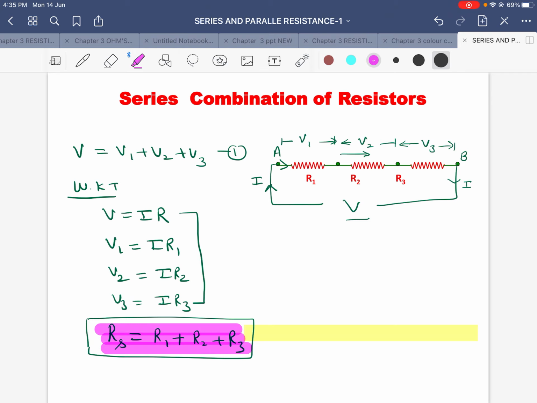One most important point you have to remember here is that current in series combination will be the same but potential will be different.